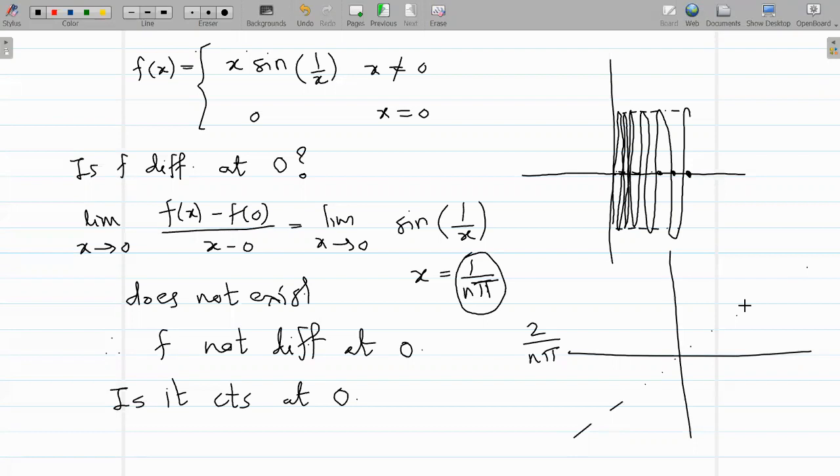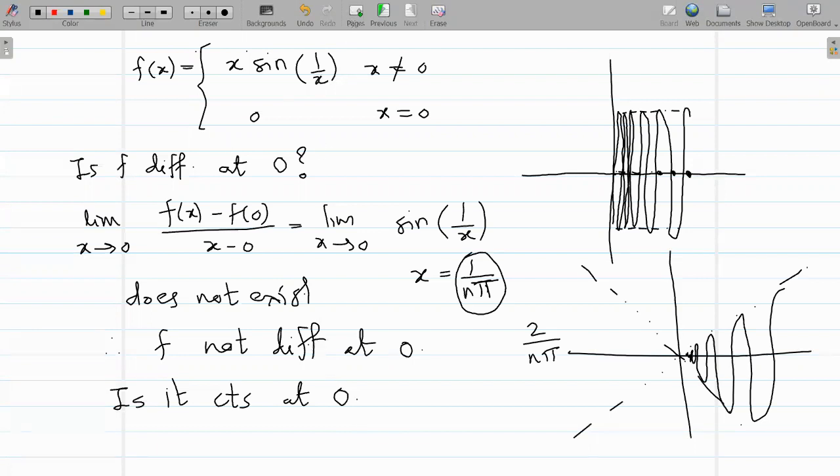This is y equal to x, and this is y equal to minus x, and the curve gets sandwiched. Same mirror image on this side, and hence it's going to be continuous at 0, but not differentiable.